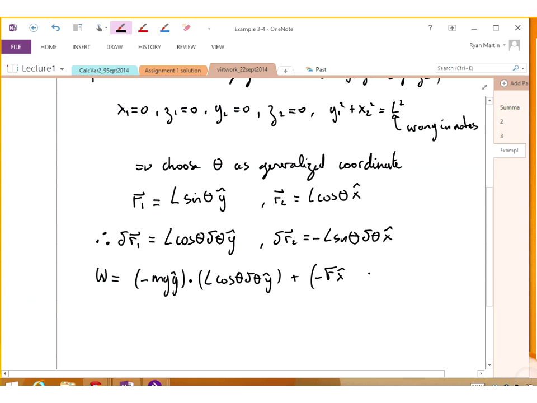And then the second force is minus F in the x hat direction, dotted with minus L sine theta d theta x hat. And so if we set the virtual work equal to 0, then the delta thetas will drop out of the equation.